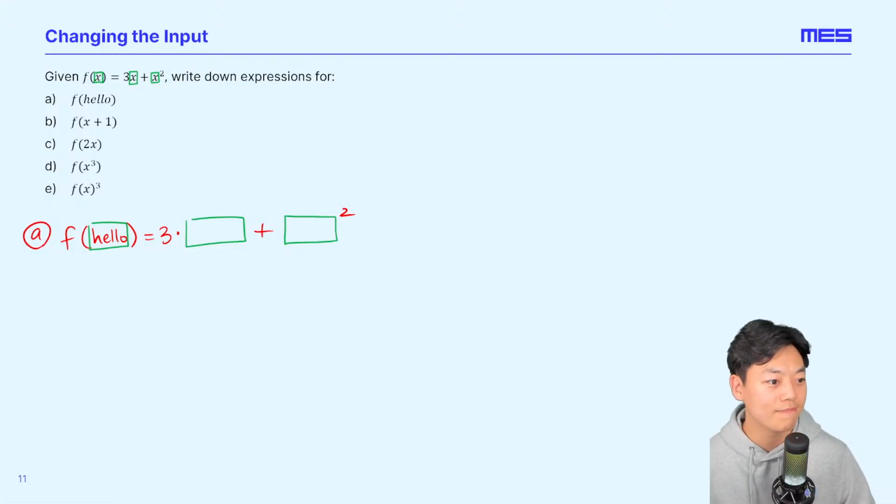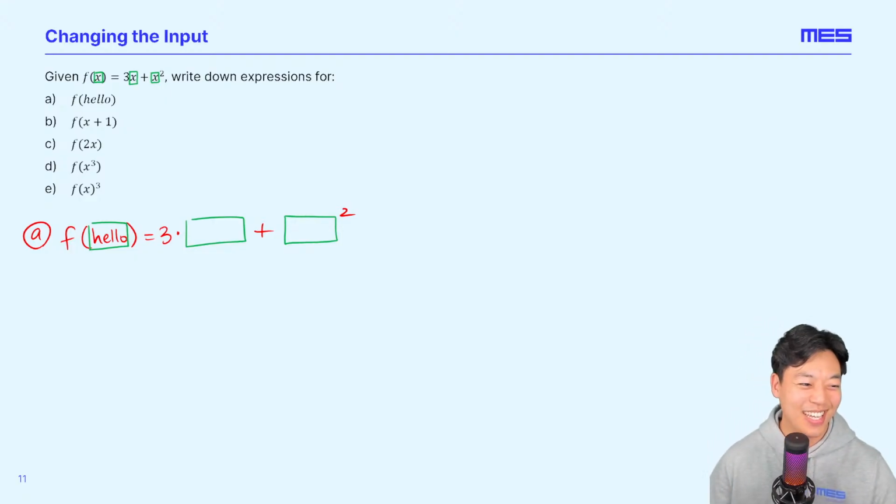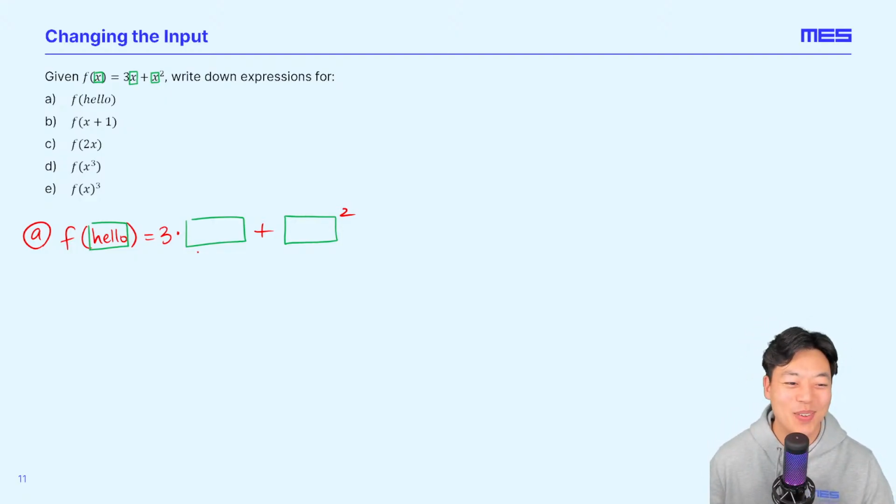Just like this. Nice, Kanav. I hope you had fun typing that out as well. So hello will go into this x. We're substituting here. We're plugging in, right? Plug in hello here and hello there. And boom.